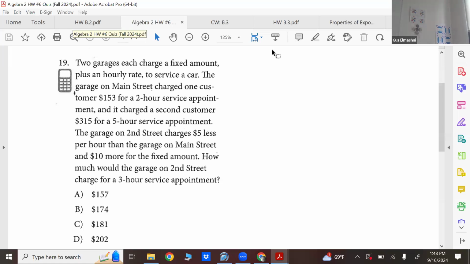It's how things change as time passes. That's a slope. If that helps, guys, I'll give you a hint.